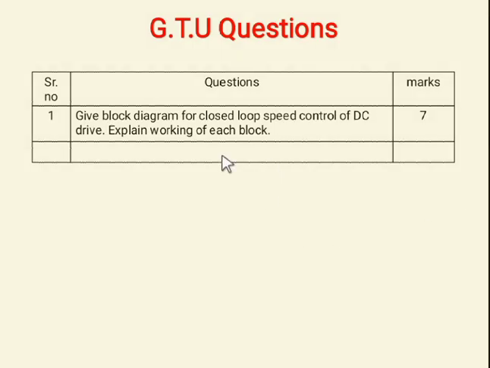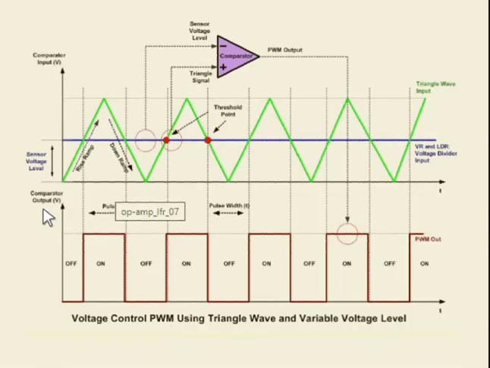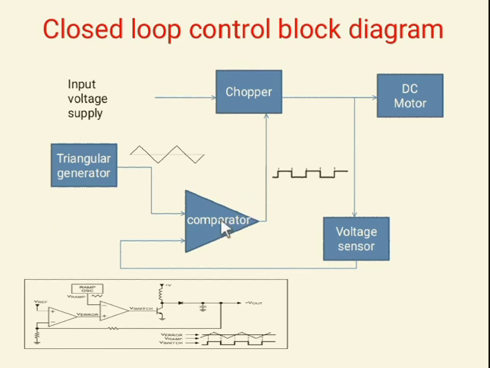Now the GTU question. First one is to give the block diagram for a closed loop speed control of a DC drive and explain the working of each block. So in this question you have to draw the block diagram and explain each block. First one is a chopper in which one switch is connected in series between the input and the output. This is the triangular generator which generates the triangular wave at higher frequency, and this is the voltage sensor which sends the output voltage.